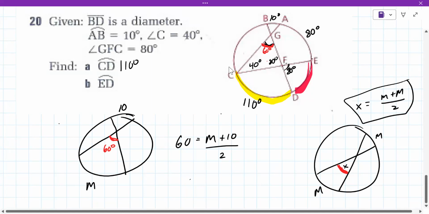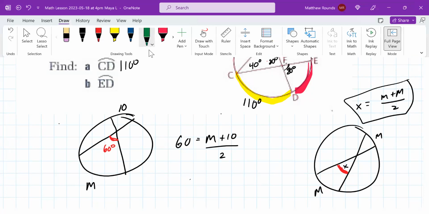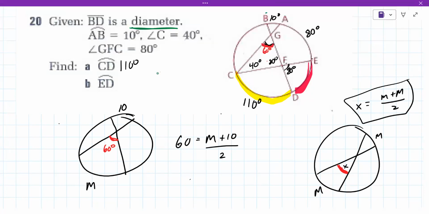So if you knew B to C, you could then find this. Now, the other thing is that we almost missed this: B to D is a diameter, which means that B all the way to D is how many degrees?